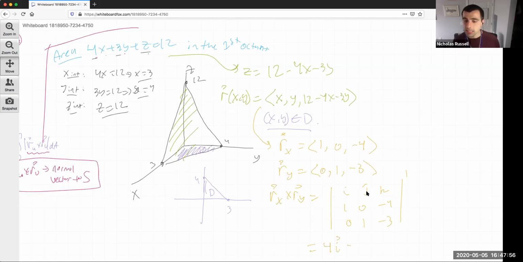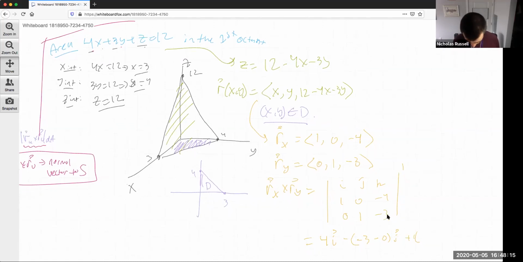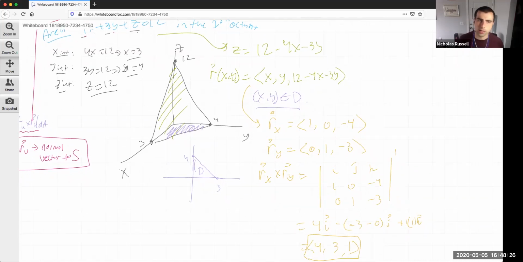The j component is going to be a -1 times -3 minus 0. And plus the k component, which is 1 times 1 minus 0 times 0, which is just 1. And so this comes out to be 4, 3, 1, and this is my normal vector.